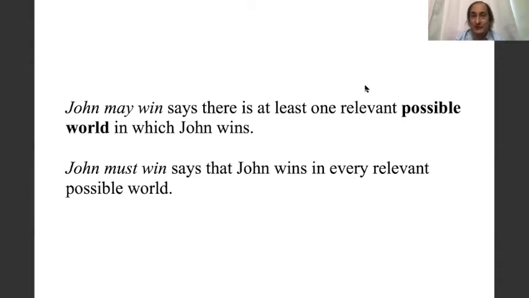If there is a world, that means it's something that could happen. John must win is going to say that in every relevant possible world, John wins. And the challenge will be to specify what it means for a world to be relevant as a possible world.